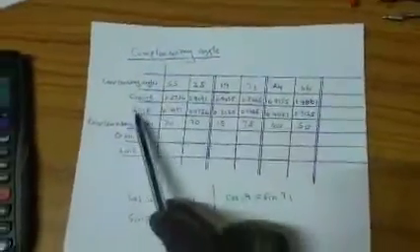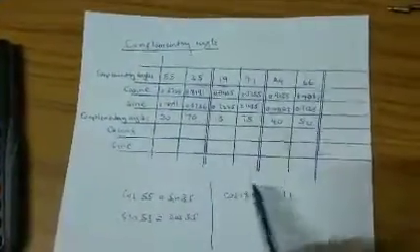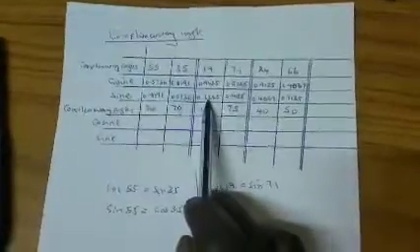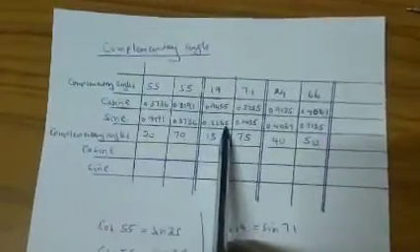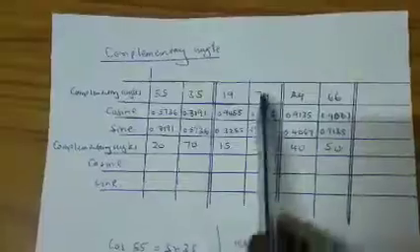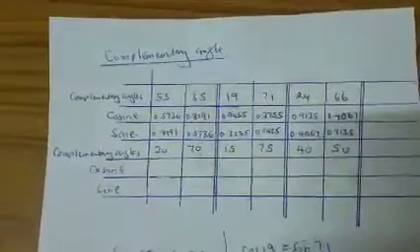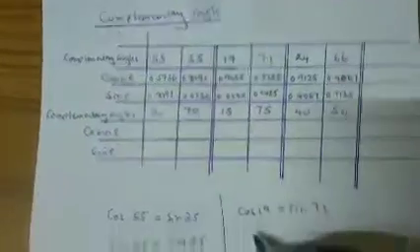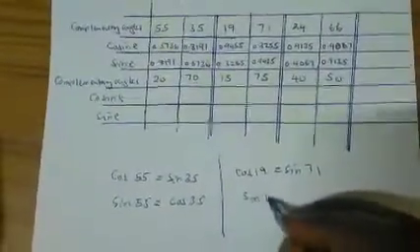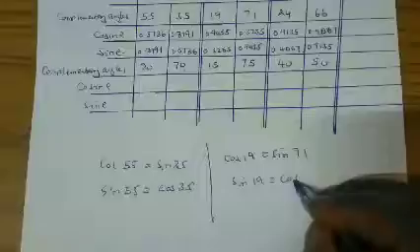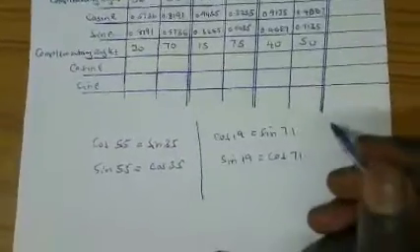Also, when we check sine of 19, which is 0.3255, it is also equal to cosine of 71, which is 0.3255. Therefore, we also notice that sine of 19 is equal to cos of 71.